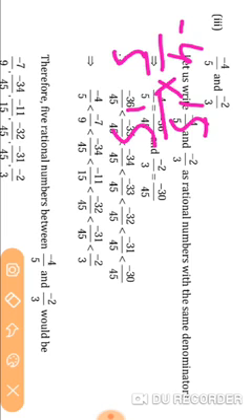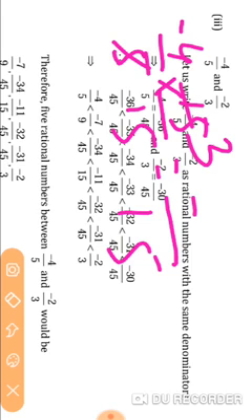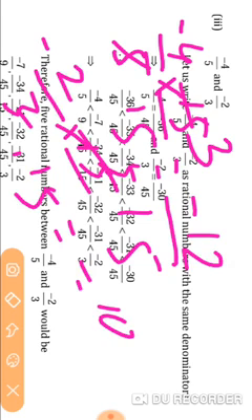Then the answer comes as minus 4 threes are 12, so minus 12 by 15 you may write. Or minus 2 by 3 into 15 over 15: 2 fives are 10, so minus 10 by 15.